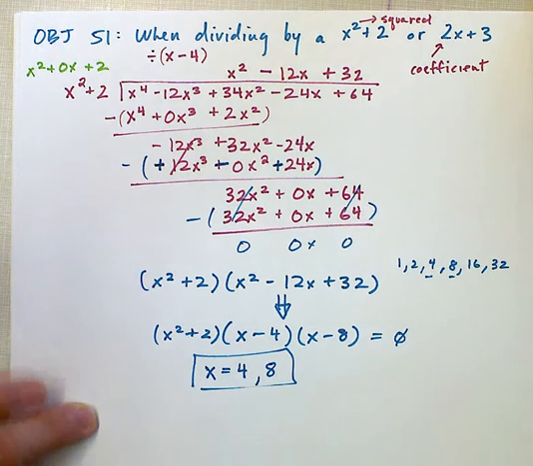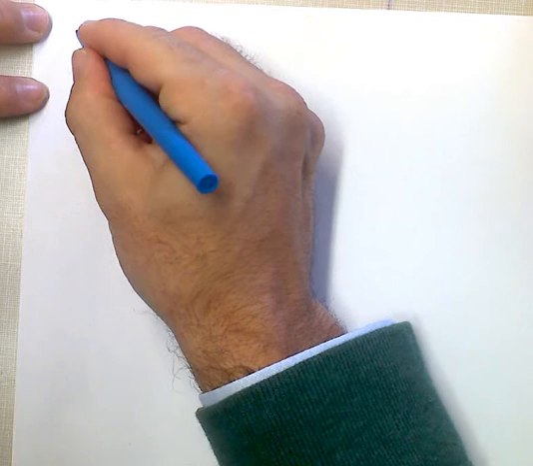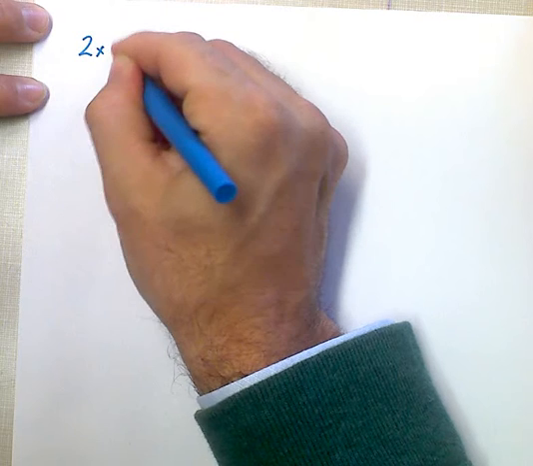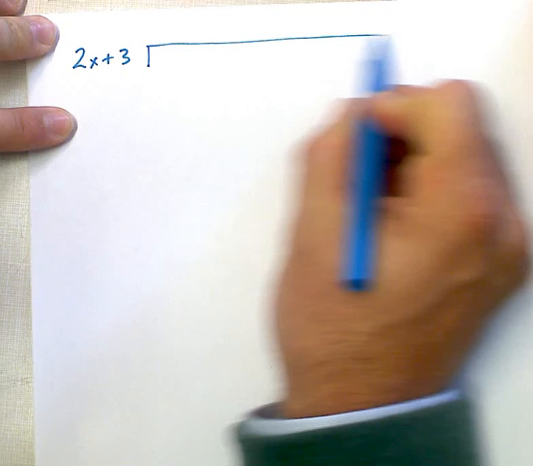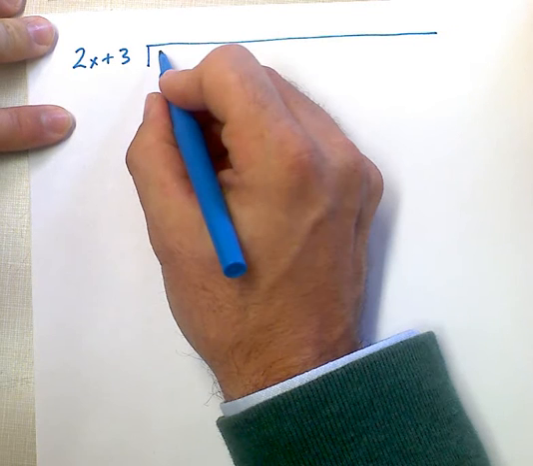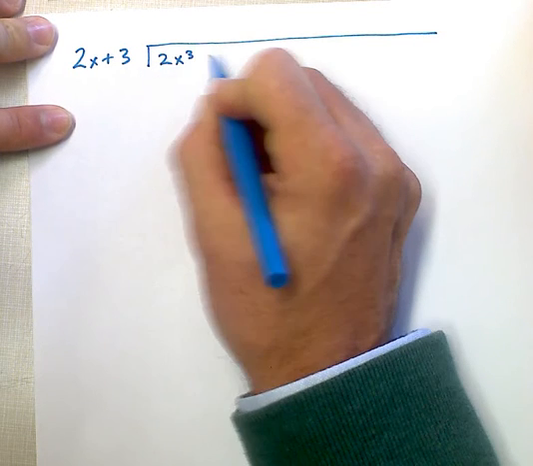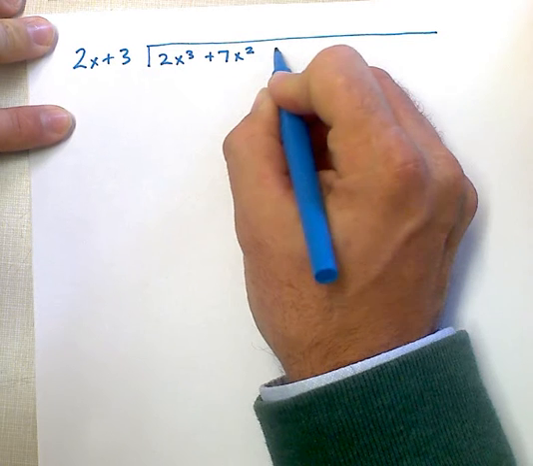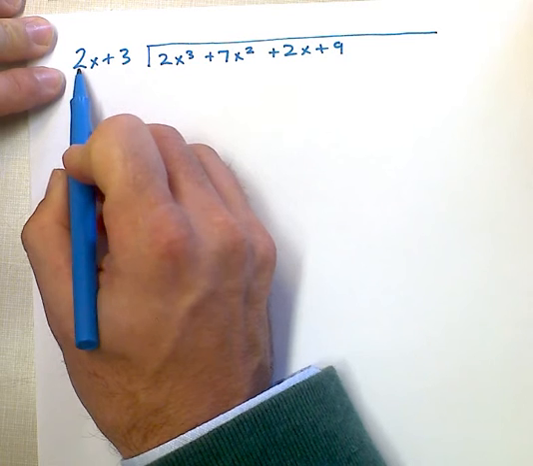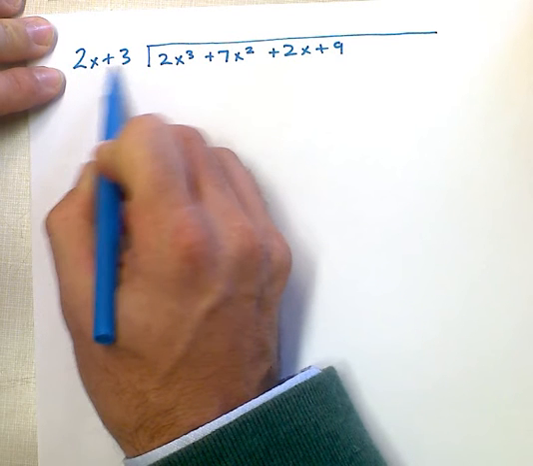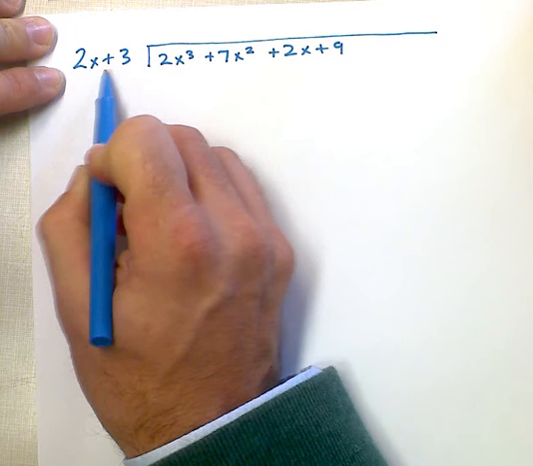Now you also might be presented with a problem where you have a coefficient in the front when you're dividing something like this. We're used to using synthetic division. It's a little bit easier and quicker because you don't have a coefficient in the front, so you could just evaluate the 3 and say, okay, let me use synthetic substitution using the -3.